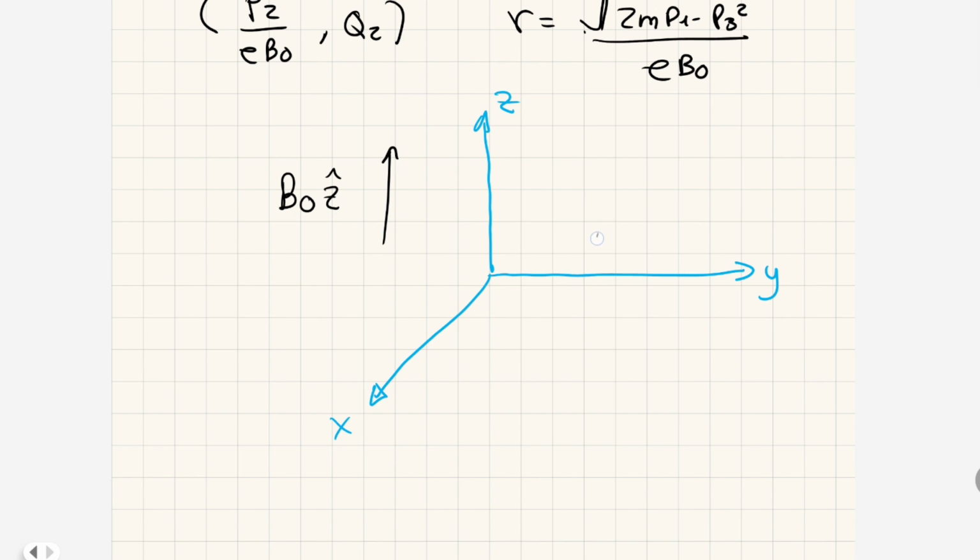That the magnetic field is constant and is in the direction of positive z. So the thing here is that if we have the charged particle, let's say here, it will be moving in some way that the projection that it is going to make is going to be a circumference in the xy plane. Okay, let me draw this like this.